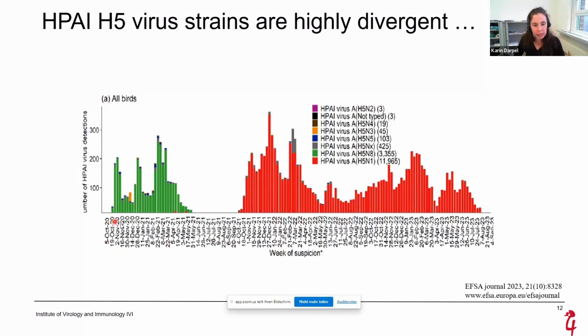So here, for example, we can see that in early 2020-2021, the outbreak in wild birds was mainly caused by an H5N8 strain, while the current outbreak has mostly shifted into H5N1 strains. But other subtypes do exist, and this is why it's often called H5N8, because through this process of reassortment, they can exchange segments and therefore exist as different subtypes.